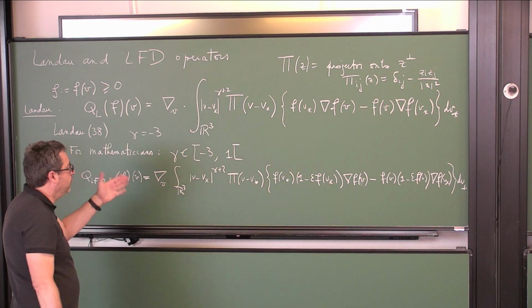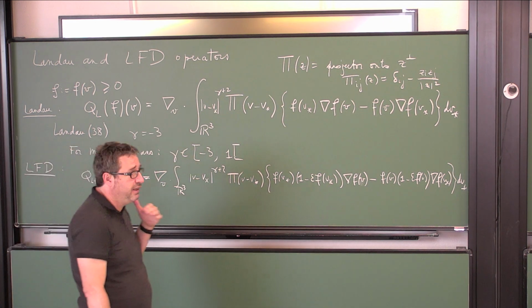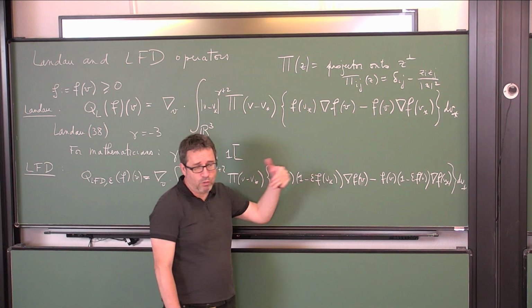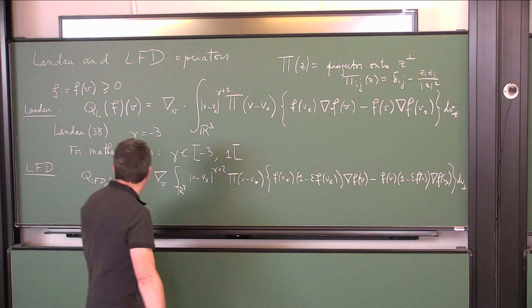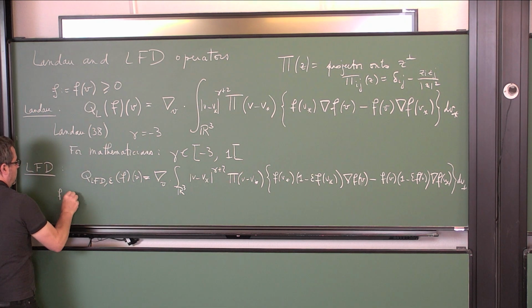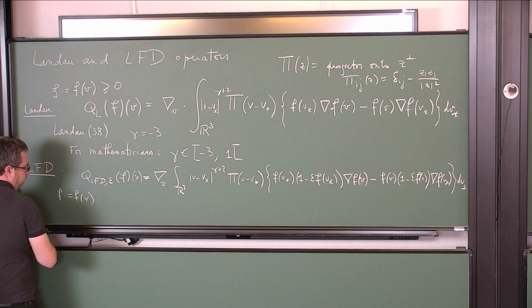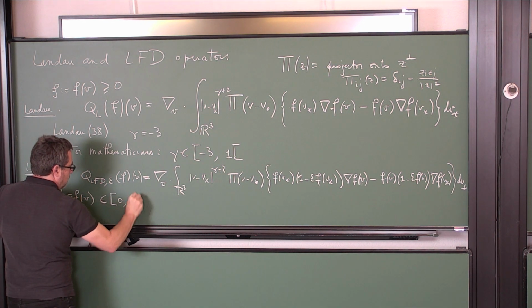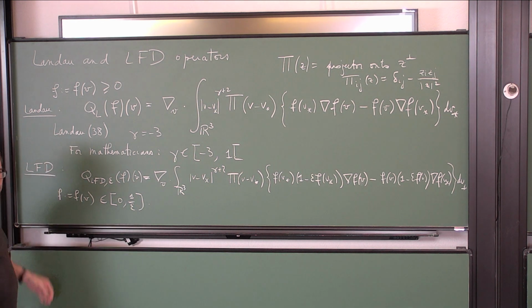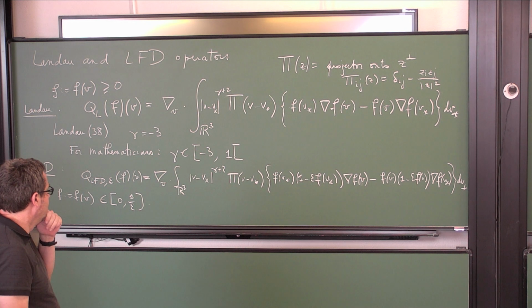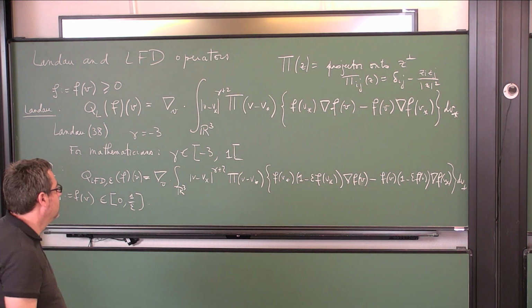And now, in order for this operator to make sense, you have to suppose that f is between 0 and 1 over epsilon. Okay? So instead of just having that f is bigger than 0, now you suppose that you are in this interval, and then the operator makes sense. This epsilon is a number or an operator?